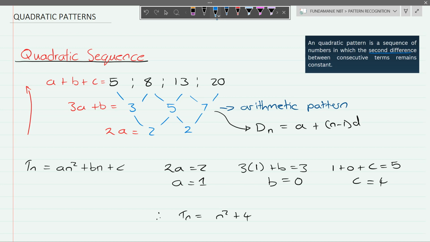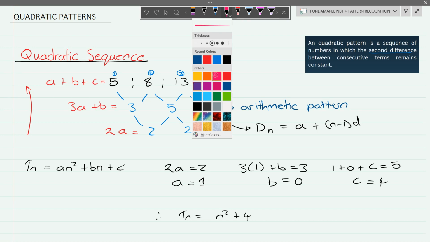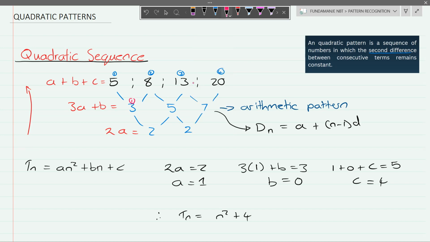So we have term number 1 here, term number 2 here, term number 3 here, and 4 over here. Term number 1 in the differences will be the difference between 2 and 1. For 2, it will be the difference between 3 and 2. For 3, it will be the difference between 4 and 3.